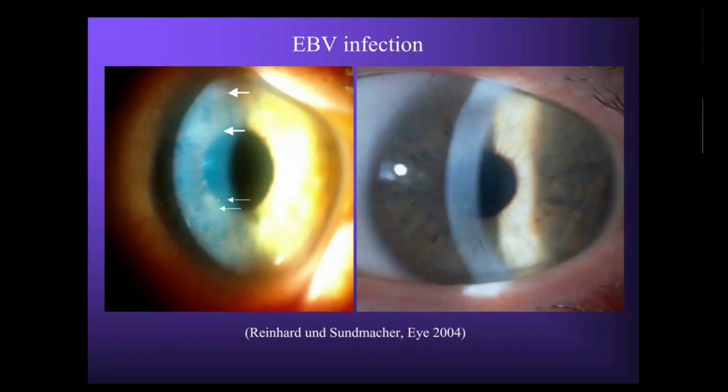We suspected EBV infection. The patient had kissing disease before, and we were able to make sure that there is viral replication of EBV in the anterior chamber, and thus we concluded that there is viral infection, EBV infection, of the cornea.